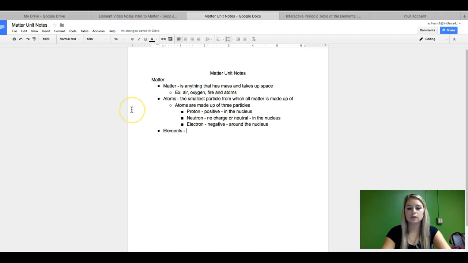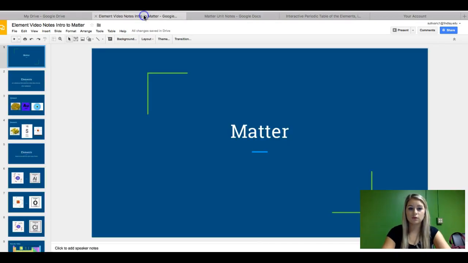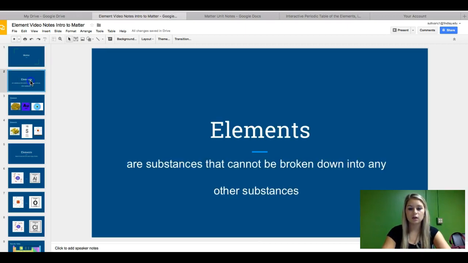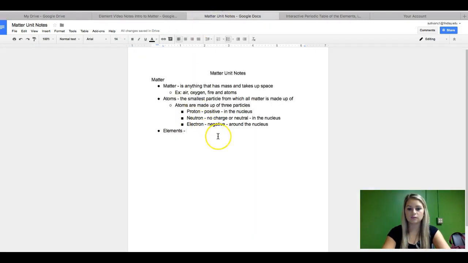So our first thing that we need to add here is our definition. If we go back to our slides from class the other day, we have our definition of elements being that elements are substances that cannot be broken down into any other substances. If we switch back over to our notes, we can go ahead and add that definition in.